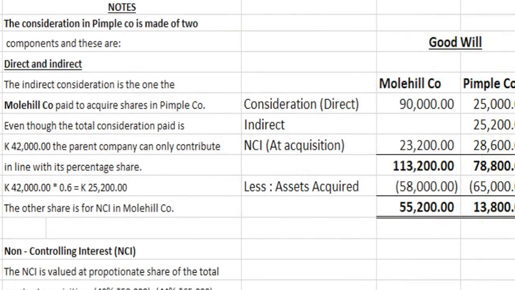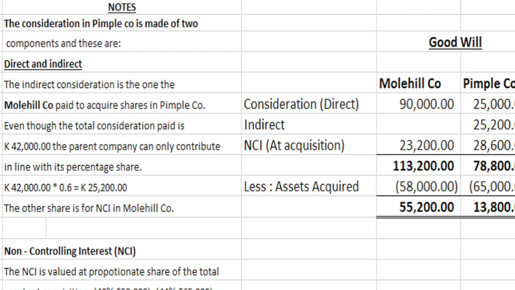Okay, so the goodwill here, you can see from the notes we are given on that question page, we are told that the consolidations were as follows. The total consideration paid by Hope Company to acquire shares in More Company was 90,000 kwacha.